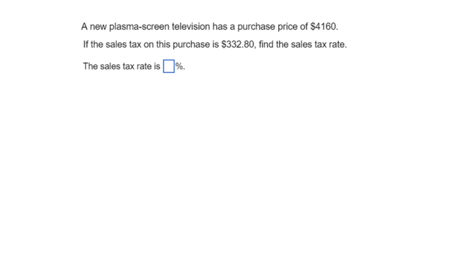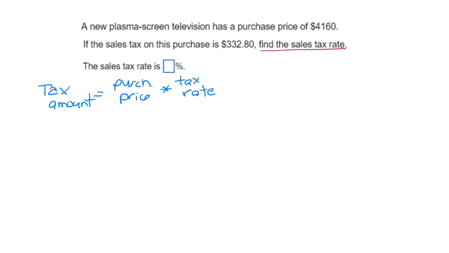All right, so this is a little different than the one we did earlier, but what we do know about the sales tax rate and the purchase price is the formula that said if we have the tax amount, I'm going to abbreviate this, amount is equal to the purchase price times the tax rate. The same formula that we used before. The only difference on here is now this time we are actually looking for the sales tax rate.